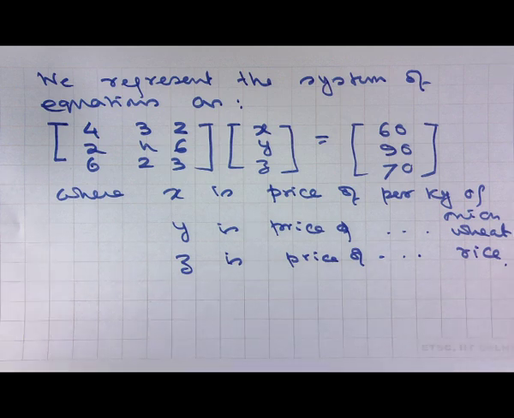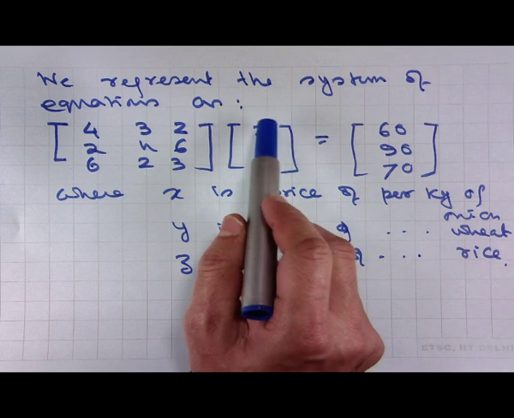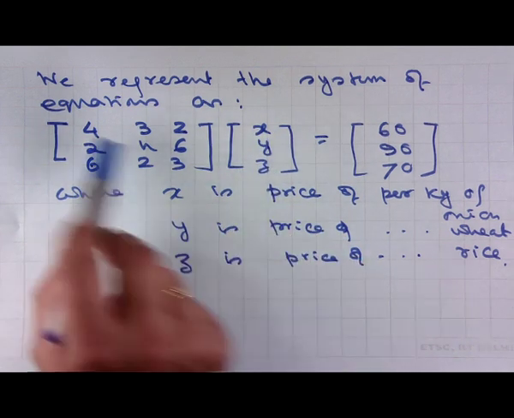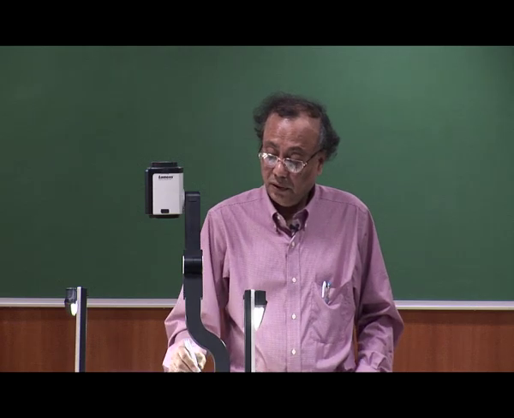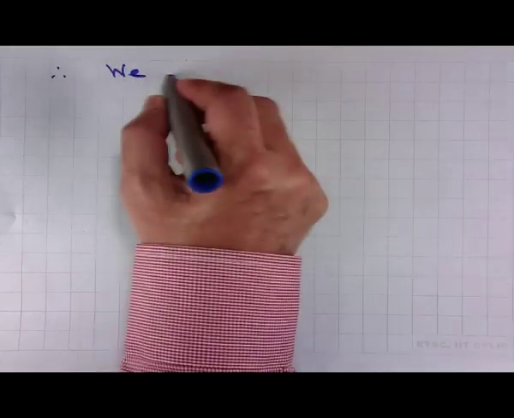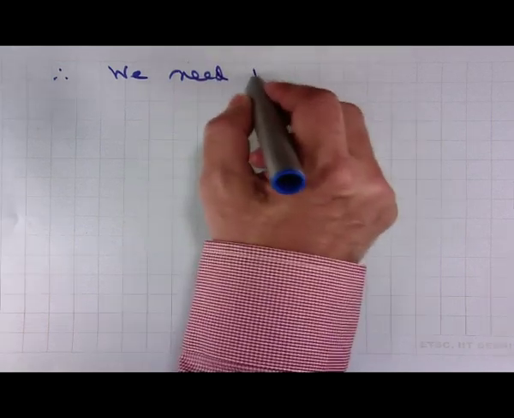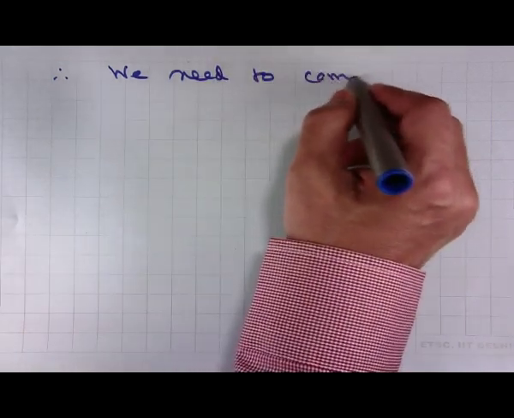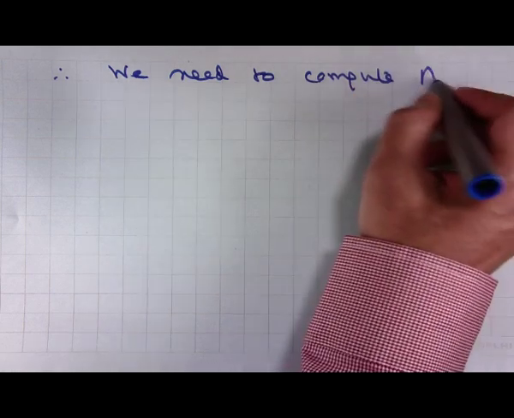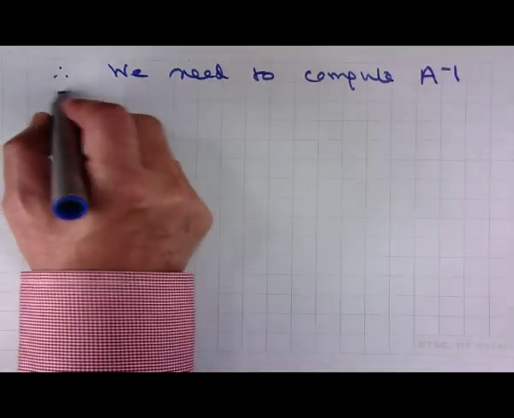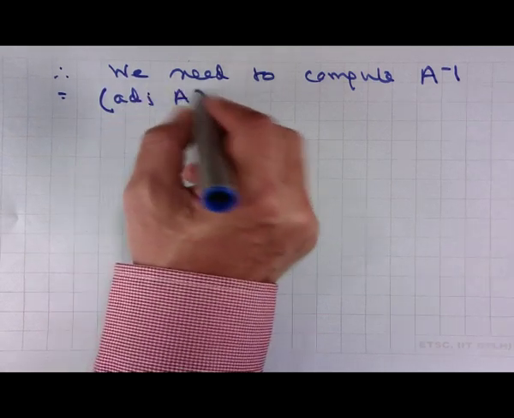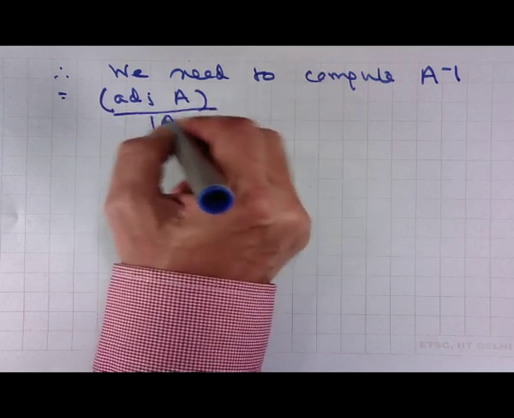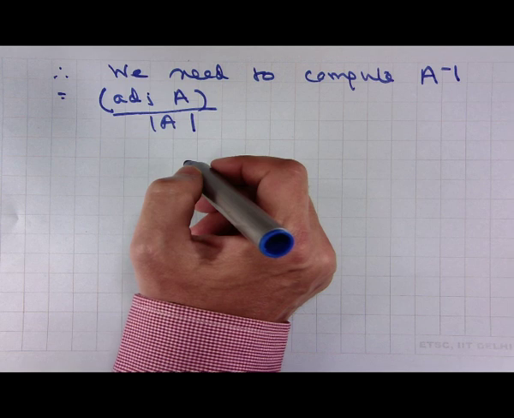We need to find the values of x, y, z such that all three equations are satisfied. Therefore, we need to compute A inverse, which we already know is equal to adjoint of A divided by determinant of A.